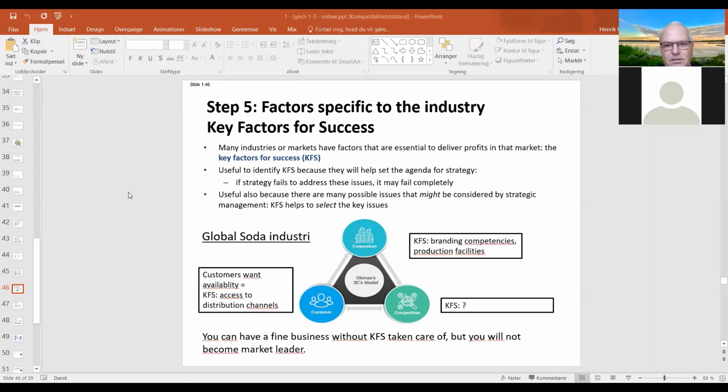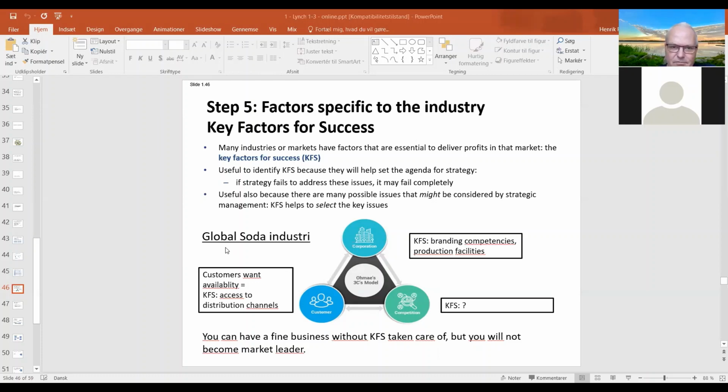And I think it's really helpful to take a look at an example here. If we look at here the global soda industry, so producers of soda pops of any kind, but not on a national basis, but on a global basis.